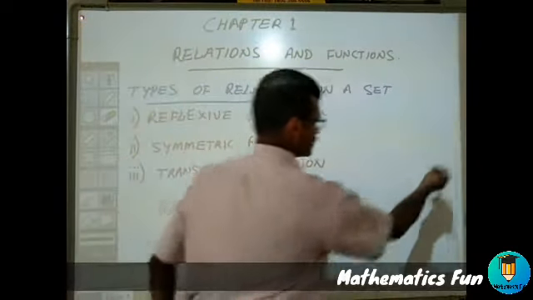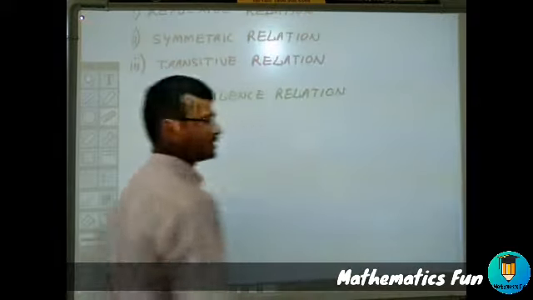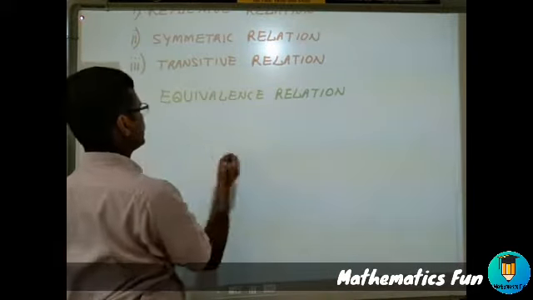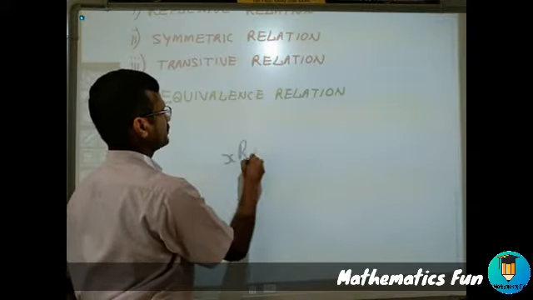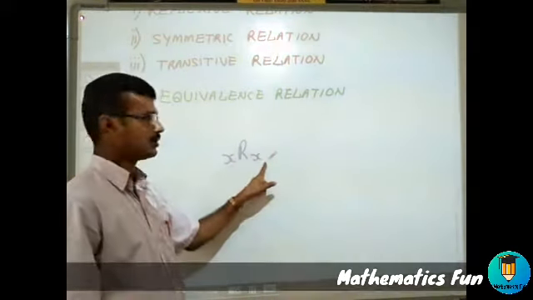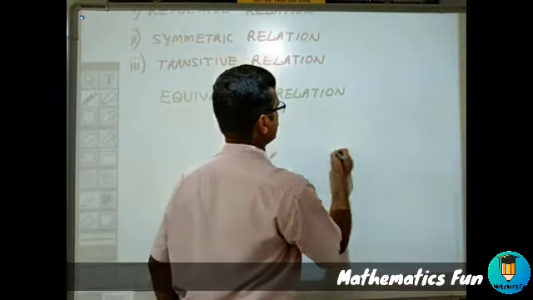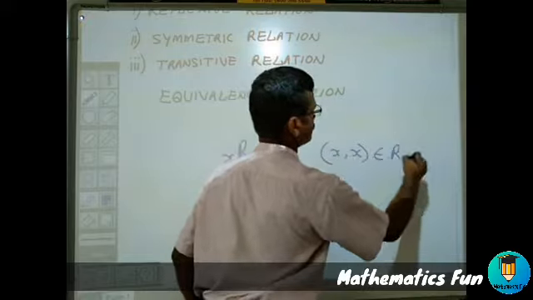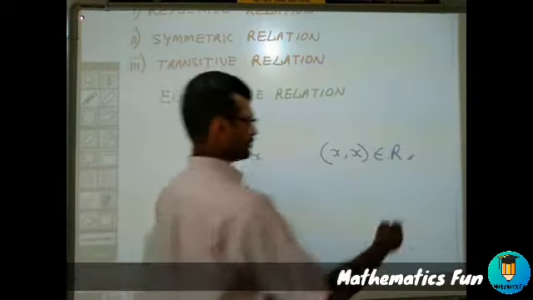That we can write like this: an element is related with itself. We can write x is related with x. Or it can be written like this: (x, x) belongs to R, for all x. What is this x?